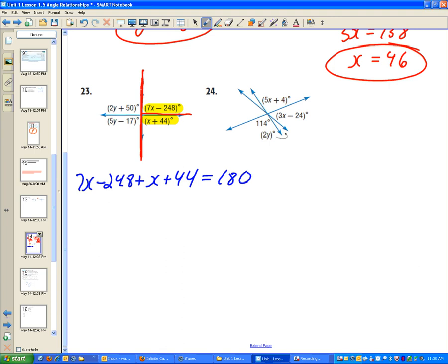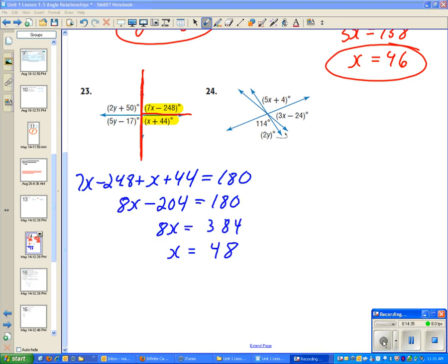Solve that for x and see what you get. What does x equal? Anybody got it? Close. No. 48. All right, let's take a look at it.